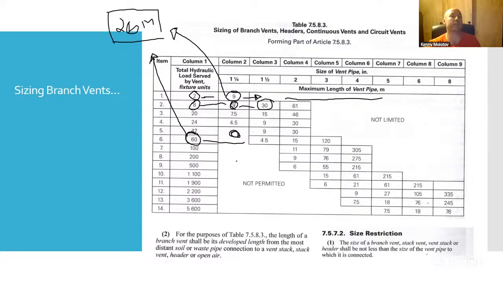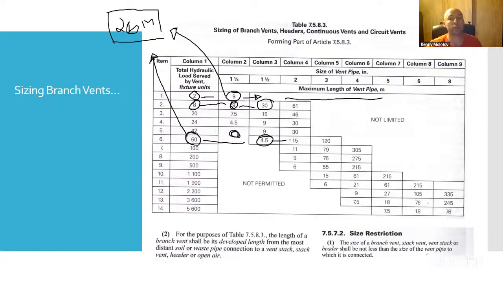So at 47 fixture units, you're not even allowed to look at 1.25 pipes, okay? But we come over to 1.5 and it says you're allowed to run a 1.5 vent, or branch vent, at 4.5 meters. Are we below 4.5 meters? No, we're way above that, so we can't use 1.5.